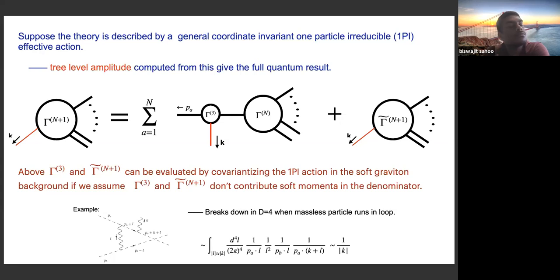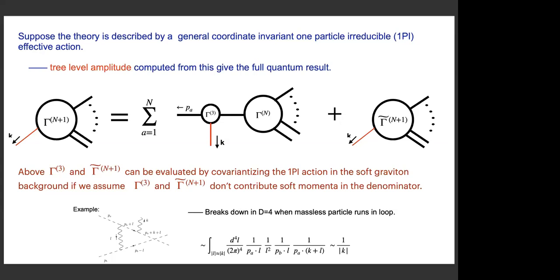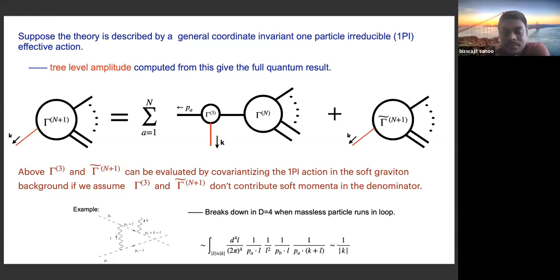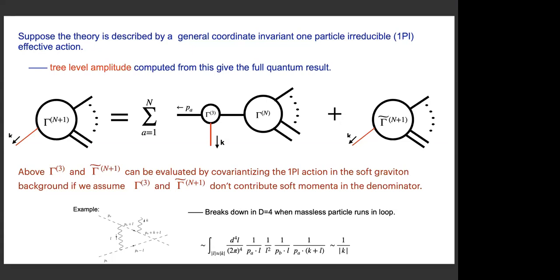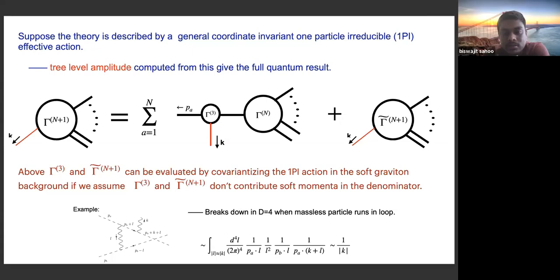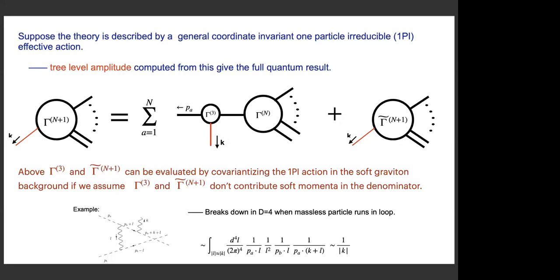To add the soft graviton, you attach your graviton to each one of these 3 legs. Now you sew it back, you put it back in the amplitude. You end up with this graviton, which can be emitted from the internal line. So that contribution should cancel in the leading 1 over omega.